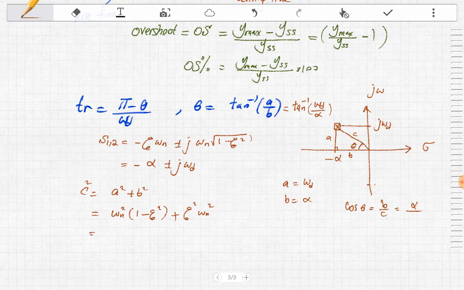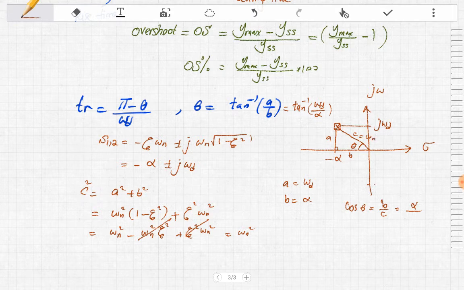Now let's just simplify. So you have omega n squared minus omega n squared eta squared plus eta squared omega n squared, right? This one and this one will cancel. So what do you get? C is equal to omega n.